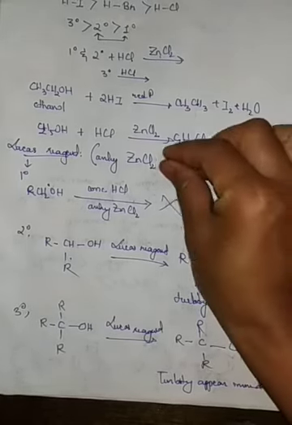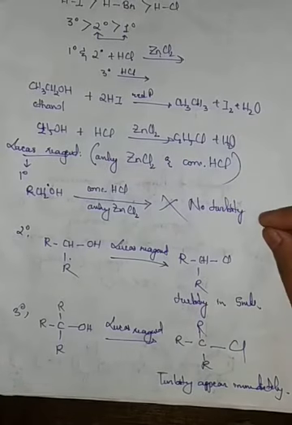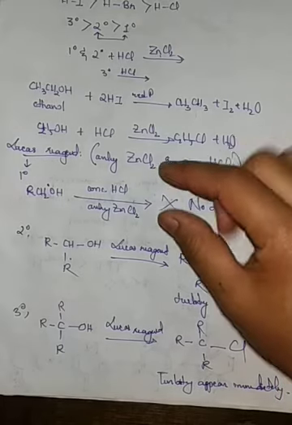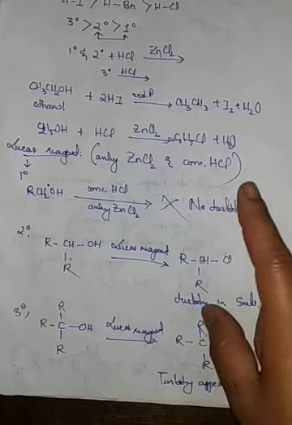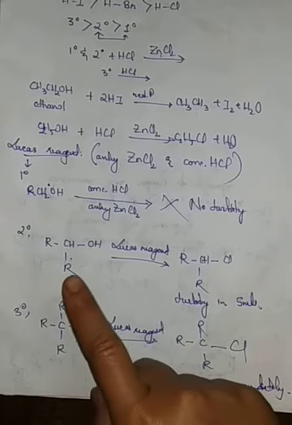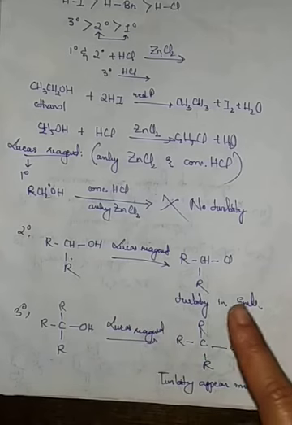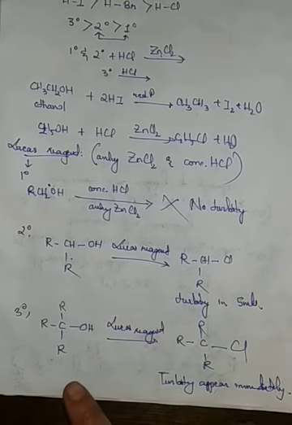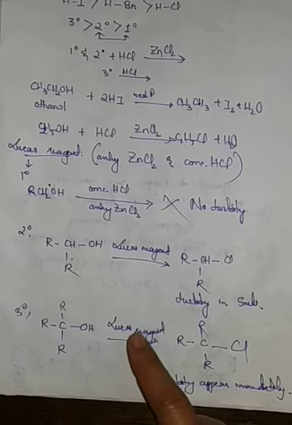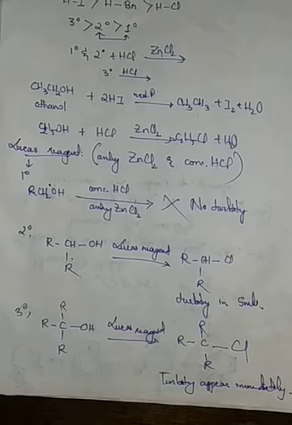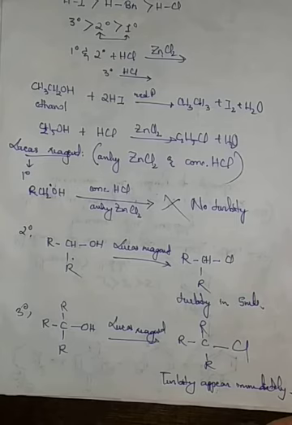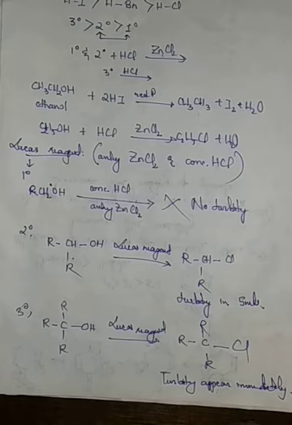Thus, with the help of Lucas reagent, we can distinguish between primary, secondary, and tertiary alcohols, because when primary alcohols react with Lucas reagent, there is no reaction and thus no turbidity is formed. Whereas when a secondary alcohol reacts with Lucas reagent, turbidity appears in 5 minutes. And when tertiary alcohols react with Lucas reagent, the turbidity appears immediately. Therefore, from our Lucas reagent, we can study the differences between primary, secondary, and tertiary alcohols. In the next video, I'll be explaining more chemical reactions of alcohols and phenols.